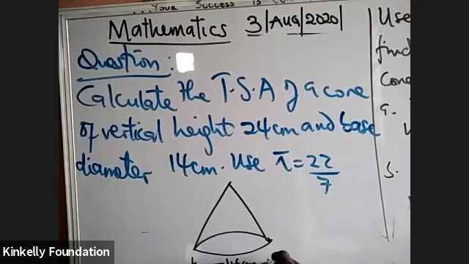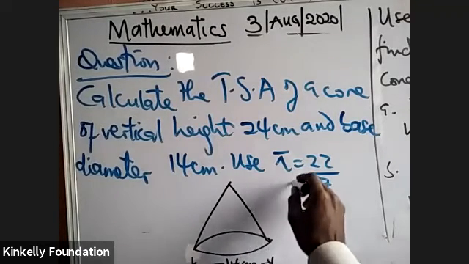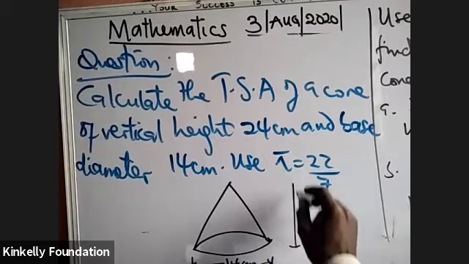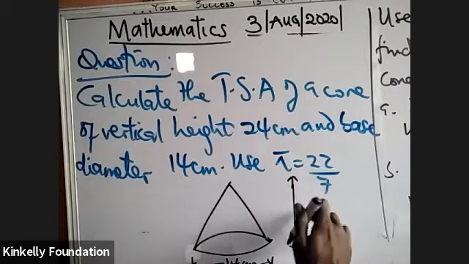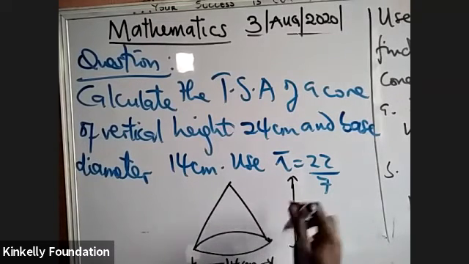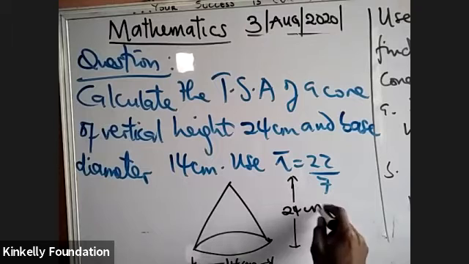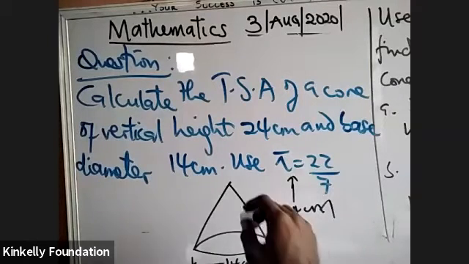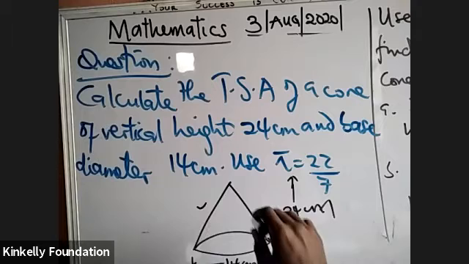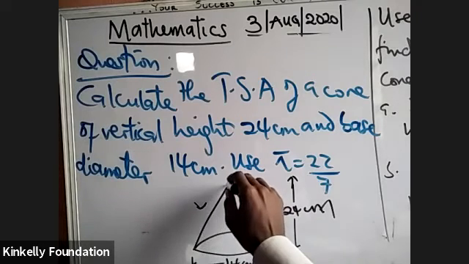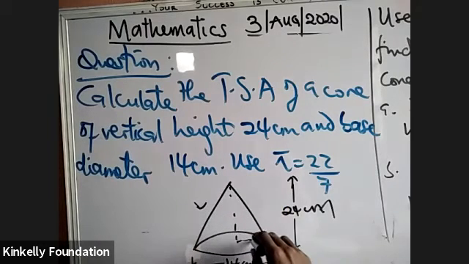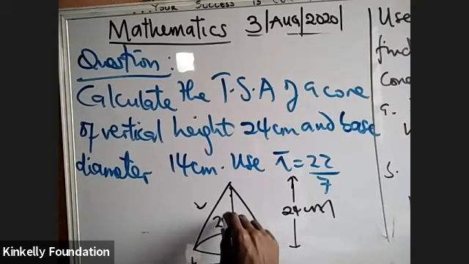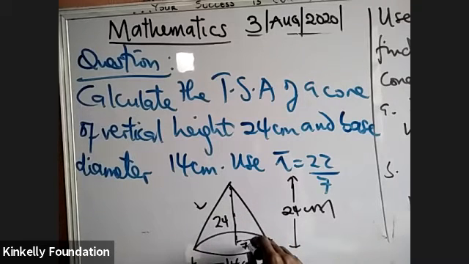You can easily get the radius, and the height of this cone from here down to this point is 24 cm. So you can easily get your slant length using the Pythagoras rule. Here is 24, here is 7.